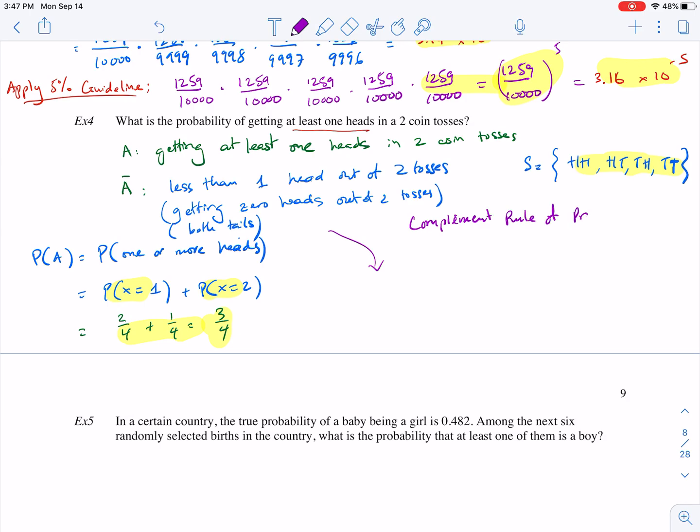Okay, if we apply the complement rule of probability, that's saying that for any event A, P of A plus P of A bar is going to equal 1. So if we try to figure out what P of A is, we can subtract P of A bar from 1, and then we get the answer.